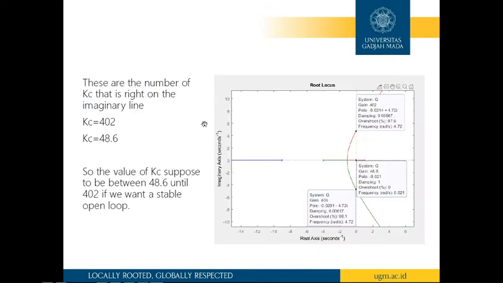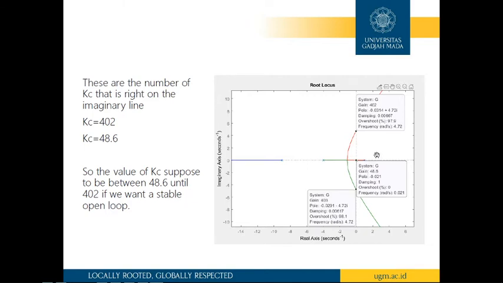So when we look at the root locus plot again, we try to click on the coordinates that intersect the imaginary axis. There are three points that intersect: the first, second, and third.